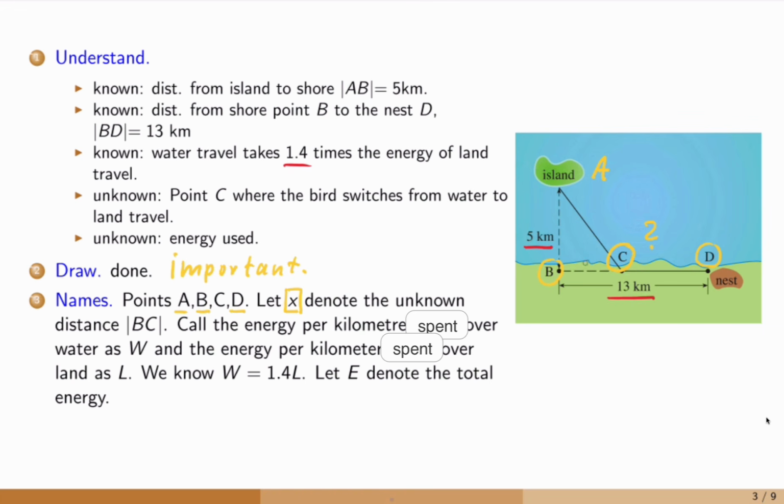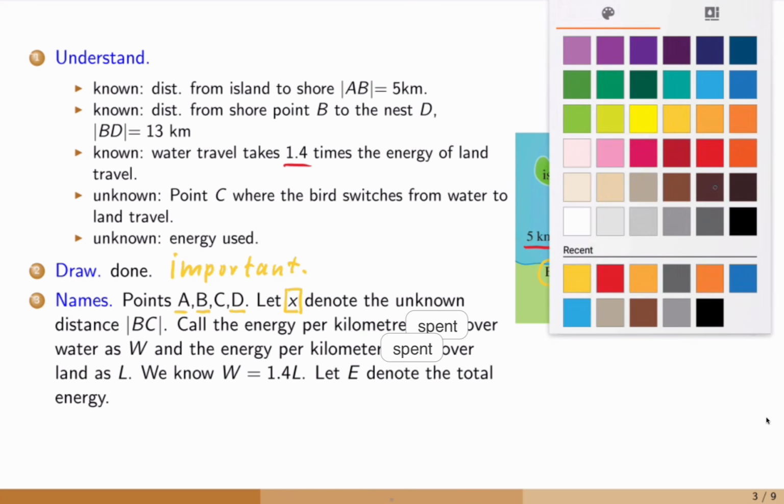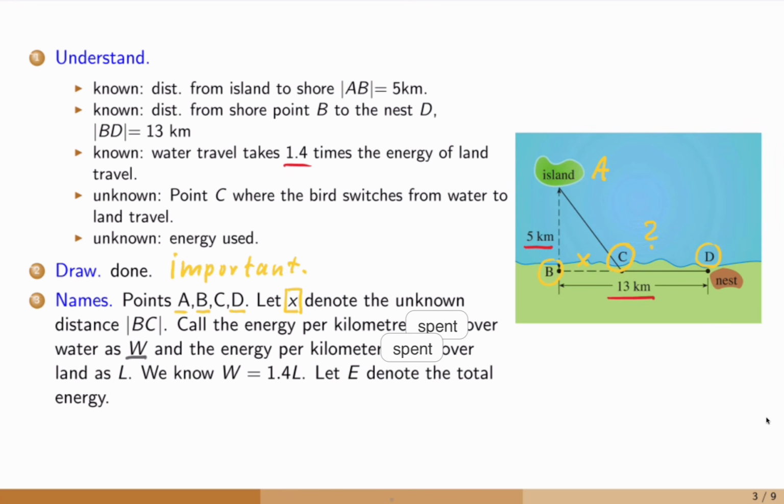So I introduce another variable and I call this x. This bit here is x. Now the energy per kilometer spent over water we call W. And then the energy over land is L. And we know that W is 1.4 times L.